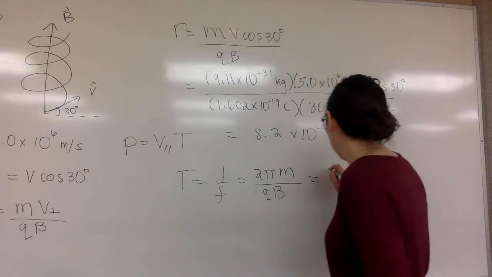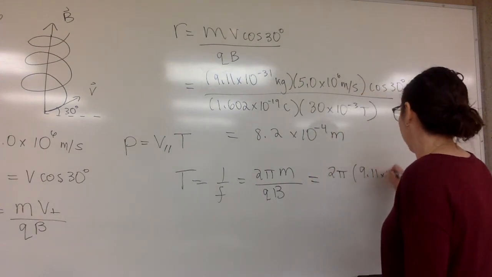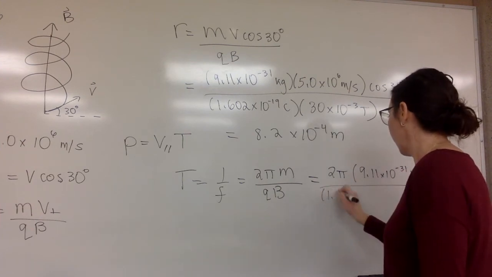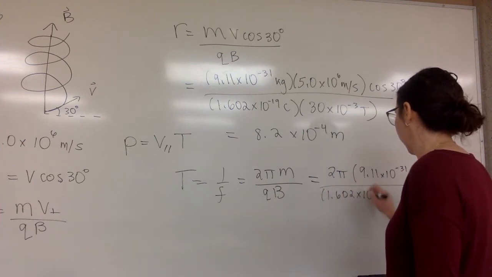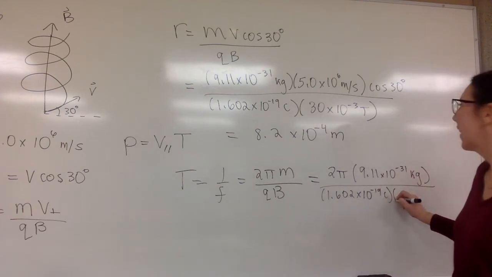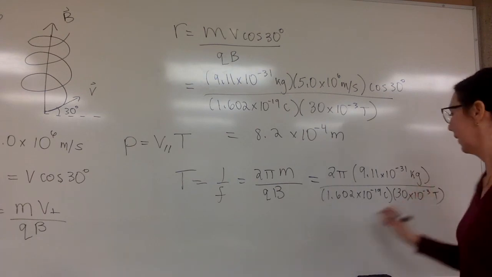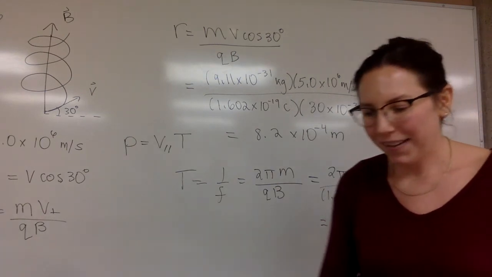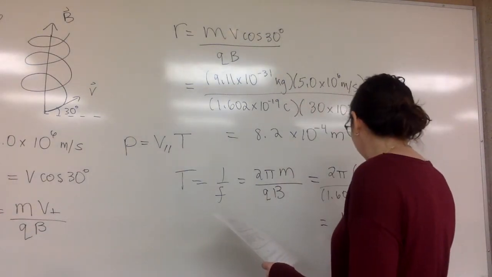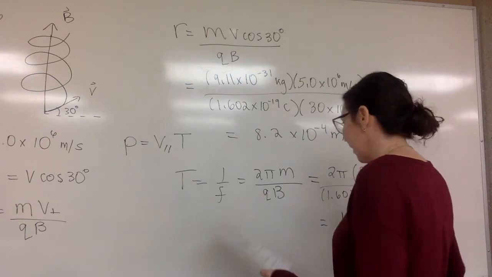Okay, so that will be 2 pi, 9.11 times 10 to the negative 31 kilograms over q and 30 times 10 to the negative 3, to get a period of 1.19 times 10 to the negative 9 seconds.